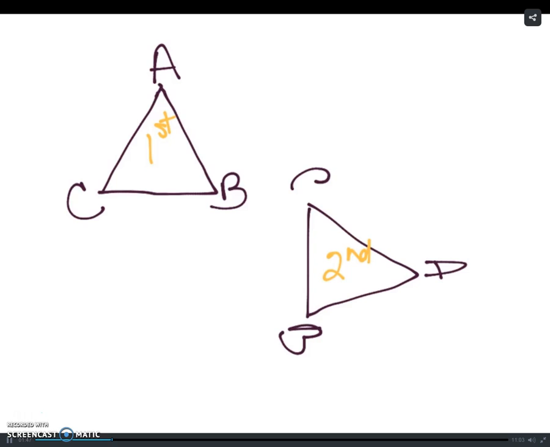When you draw these, you obviously know which one you drew first or second, but somebody else can't necessarily tell that. And so we have some terms for these. So the first image is going to be called the pre-image. So it's the image before we did anything. That's why it's called the pre-image. After we have transformed that figure, the new picture is called the image. Okay, so pre-image came first, the image comes second.